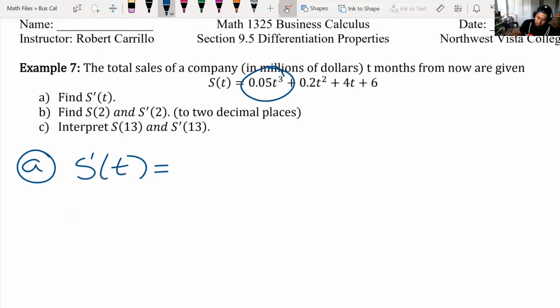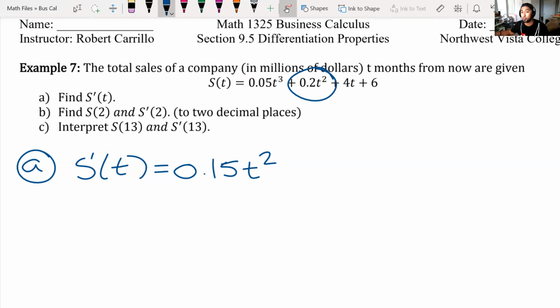First up is the derivative of 0.05 t cubed. That 3 comes down and multiplies the 0.05, which means if I have 5 cents and triple it, I get 15 cents. So that becomes 0.15 t squared. Next is the derivative of 0.2 t squared. That 2 comes down and multiplies 0.2.